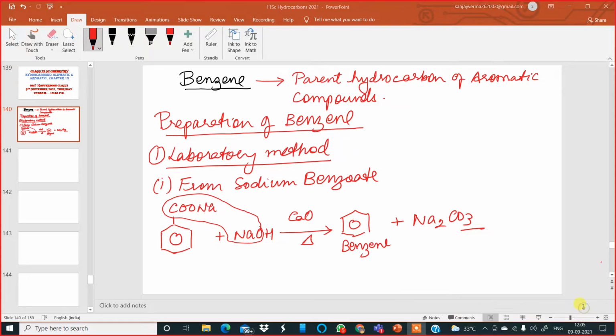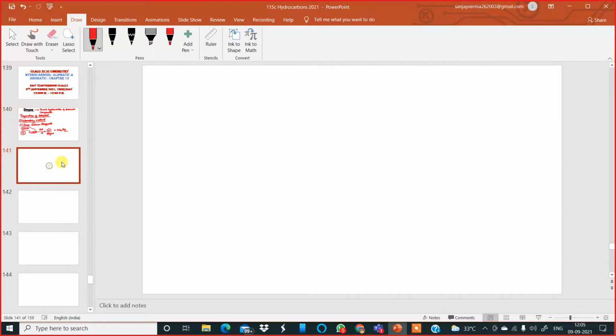Number two, subpart two. The next lab preparation: we can also obtain benzene from phenol. To obtain benzene from phenol, this phenol is distilled by using zinc dust.